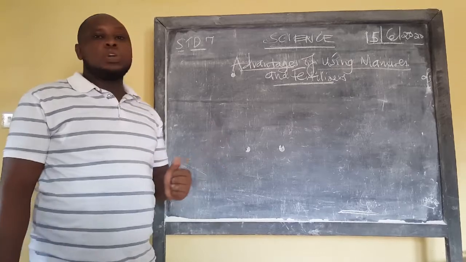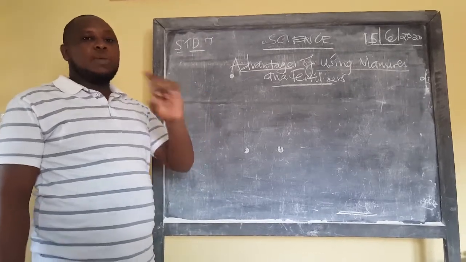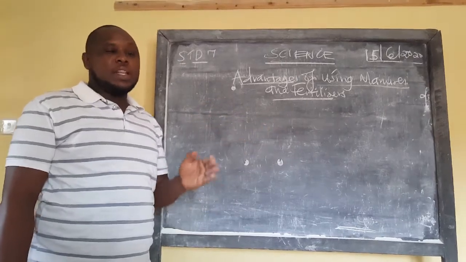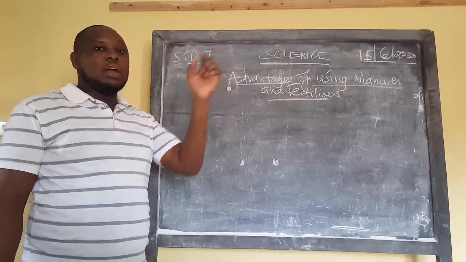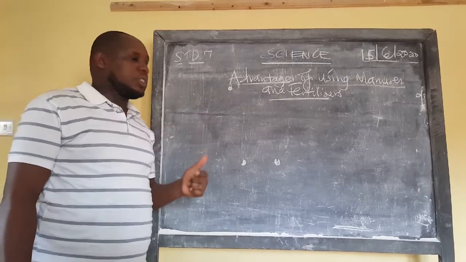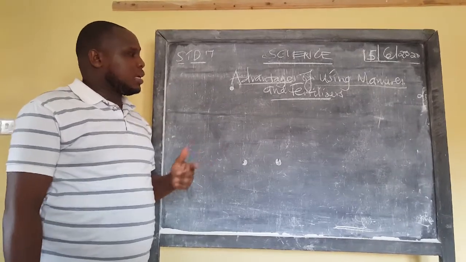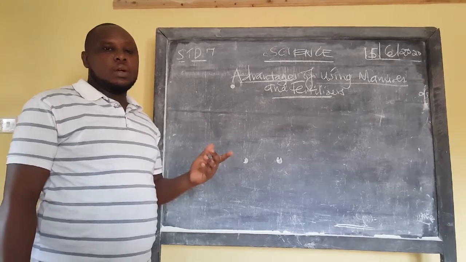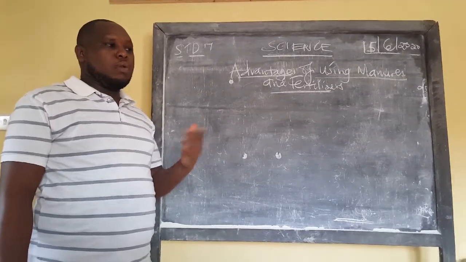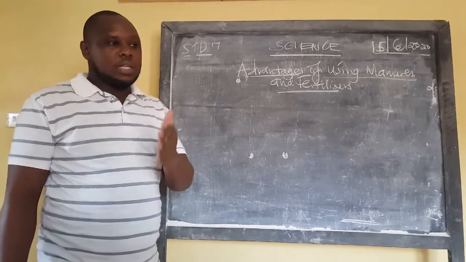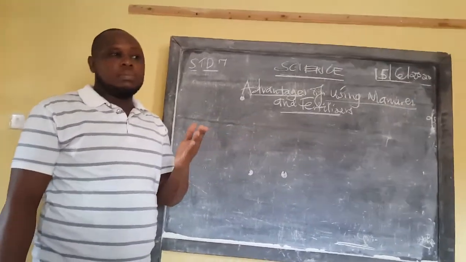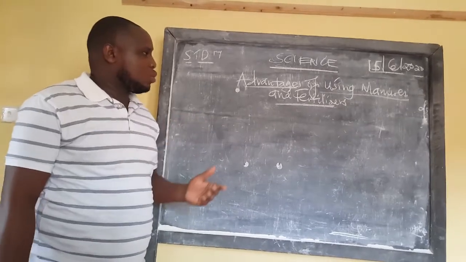Then we went to compound fertilizers, where we said compound fertilizers contain two or more macronutrients. In their composition they have two or more macronutrients, and we gave examples such as MAP, monoammonium phosphate, and DAP, diammonium phosphate, and so forth.